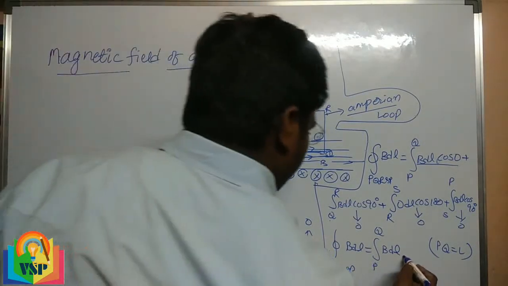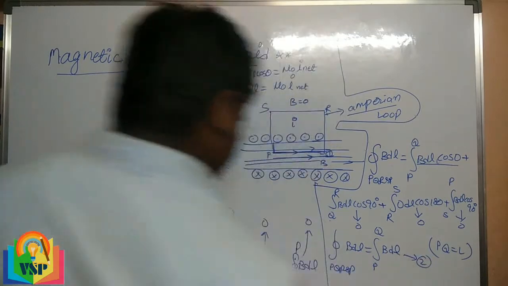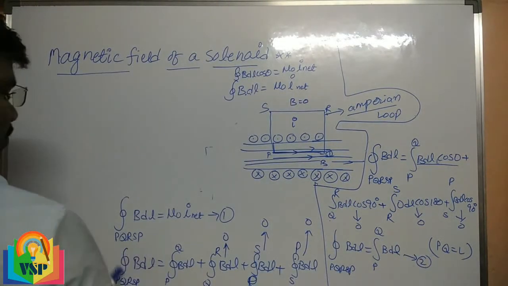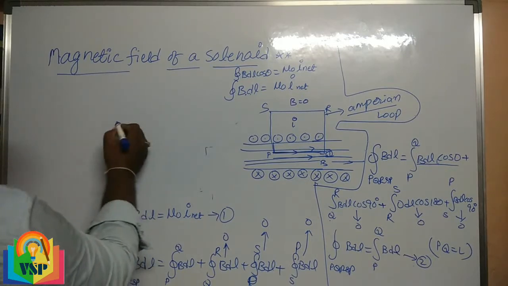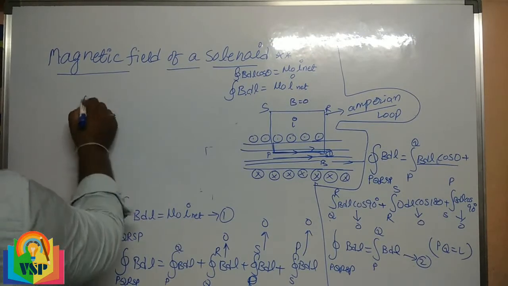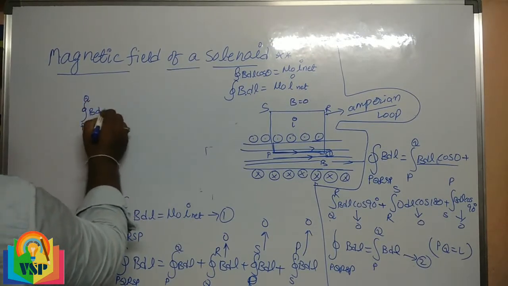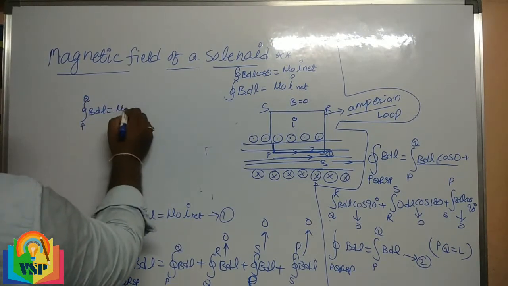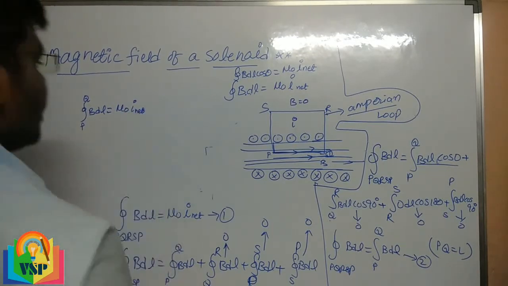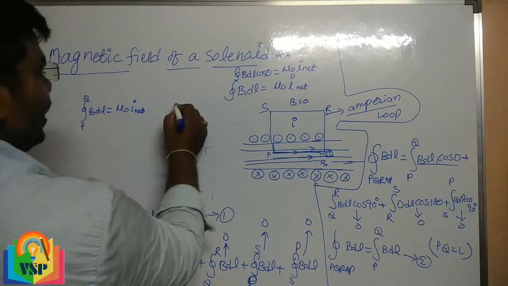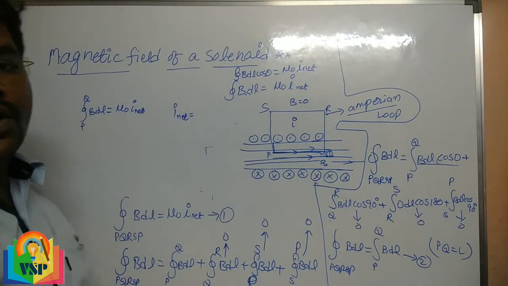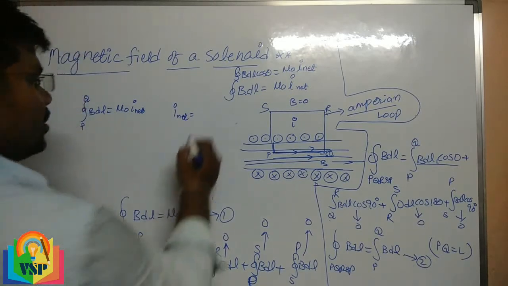This is equation 2. From 1 and 2, we can get the line integral P2Q B·dl is equal to mu naught I net.